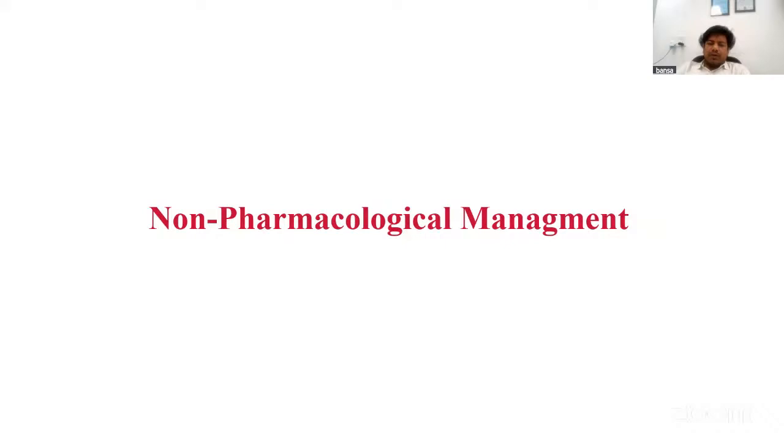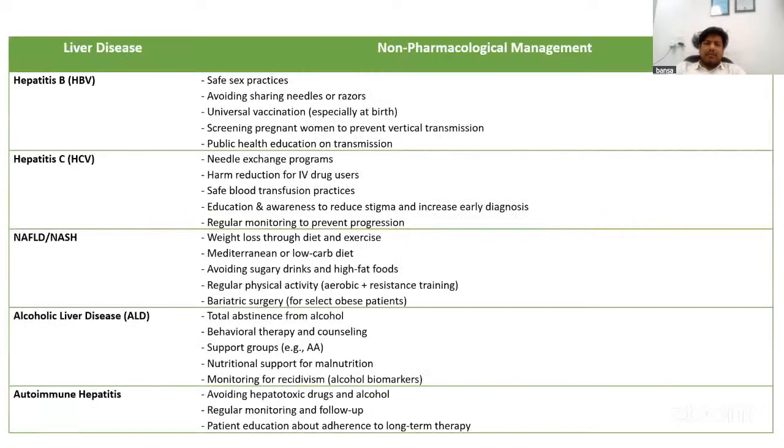So, what are the non-pharmacological measures for liver diseases like hepatitis B? Generally, hepatitis B is infected by the parenteral route. So, safe sexual practices, avoid sharing needles, razors, universal vaccination, screening for pregnant women to prevent vertical transmission, that is, mother to child transmission, public health education.